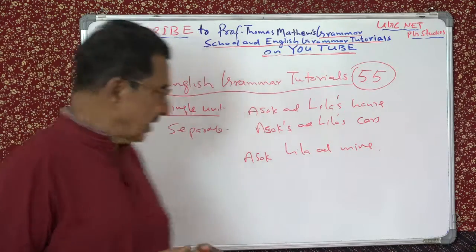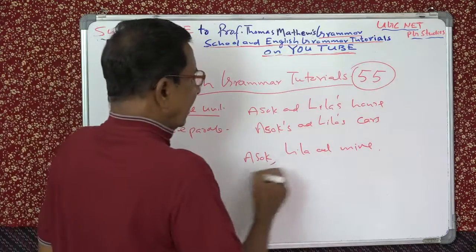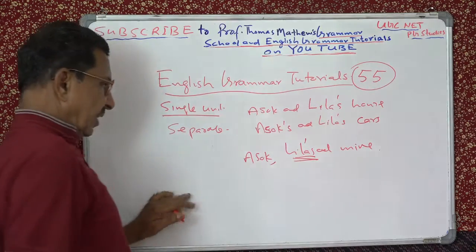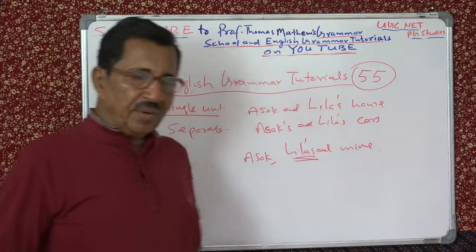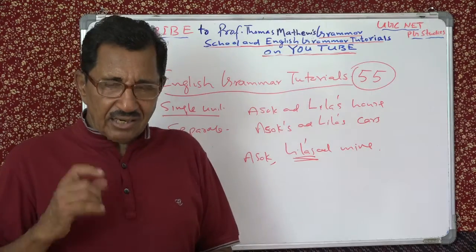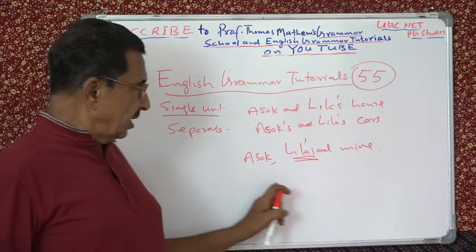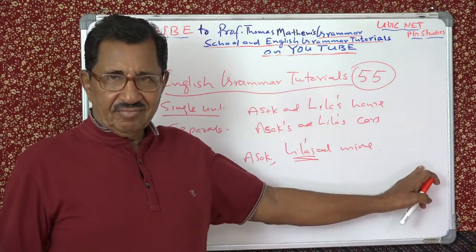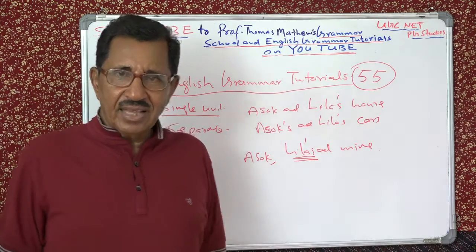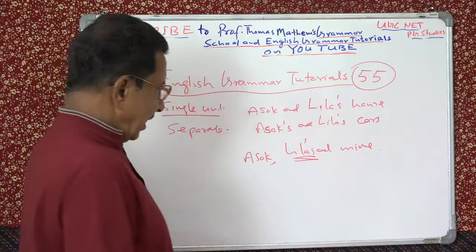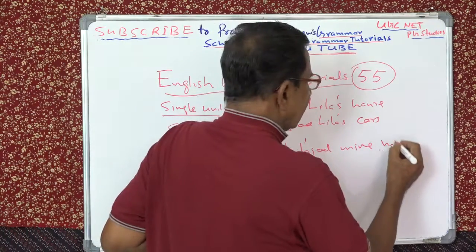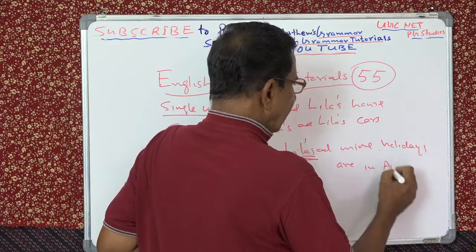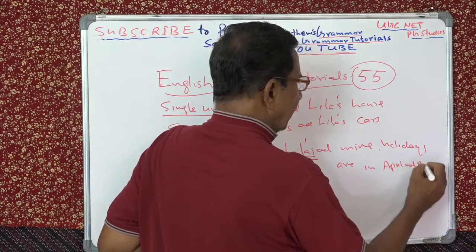In this case, you do Ashok, Laila's, and mine. Second one. But of course, it is to be considered a single unit. Ashok, Laila's, and mine holidays. Holidays are in April and May.